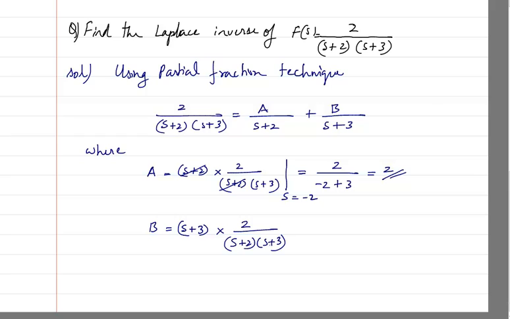Many people know that these two are going to cancel, so they will straight away write: the denominator is s plus 3, so I will take out s plus 3 and write 2 divided by s plus 2 when s is equal to minus 3. It is one and the same thing. Here we cancel off, and there we directly write by omitting. Anyway, if I write minus 3, then it will be 2 divided by minus 3 plus 2, which comes out to be minus 2.